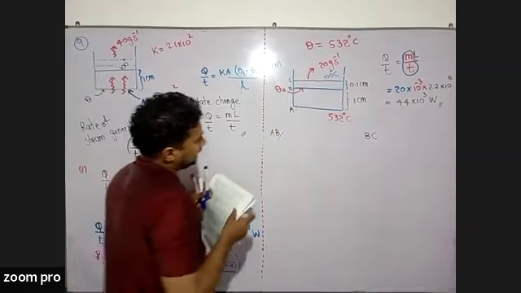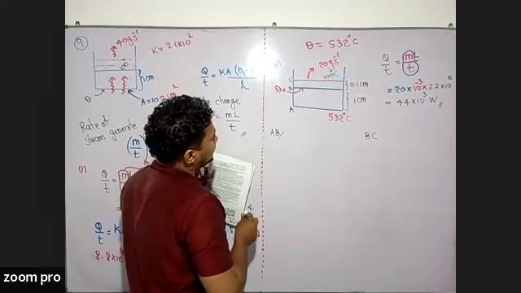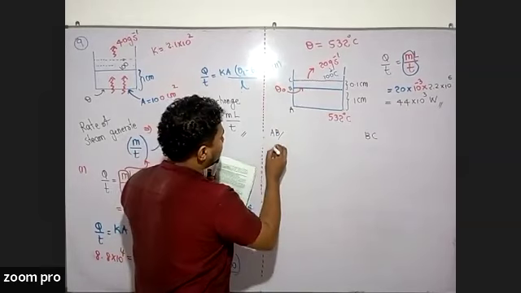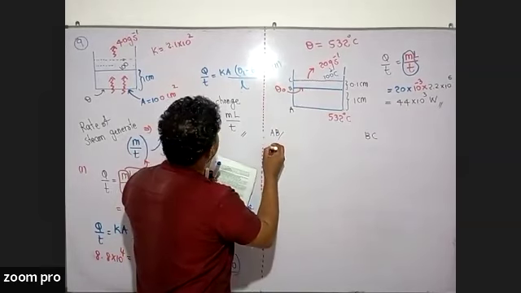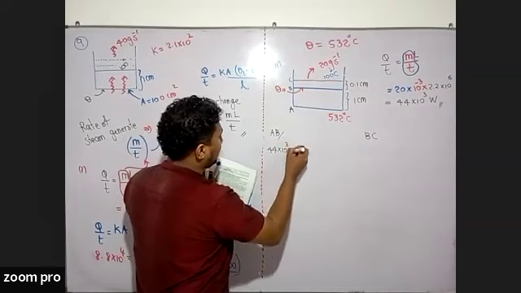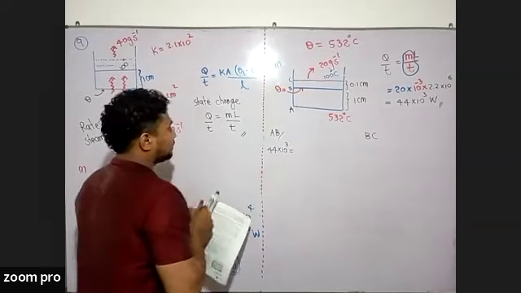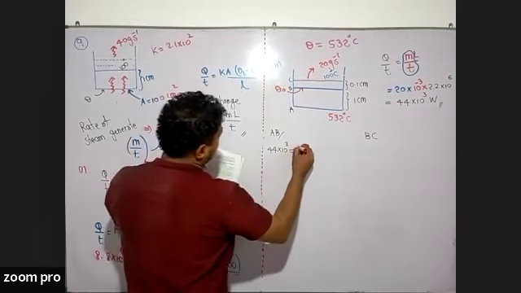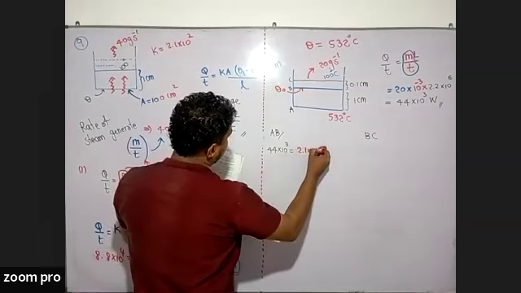Okay. Then let's apply this equation for the AB surface. Then Q over t should be equal to 4.44 into 10 to the power 3. K is 2.1 into 10 to the power 2.